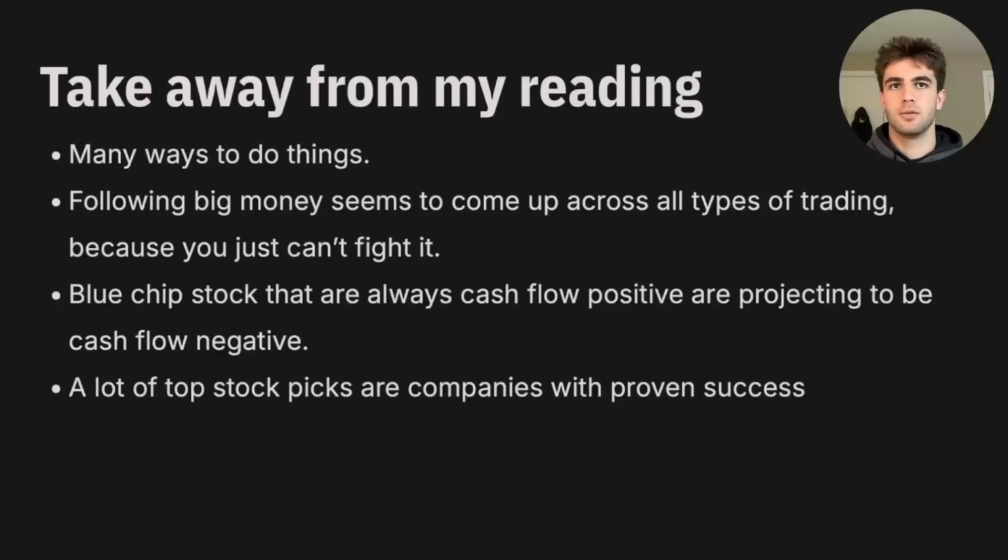It'll pay itself off later. What does this mean for the Magnificent Seven and the top blue chip stocks? Cash flow negative seems bad. Isolated. In this context, it seems good. Is it good? I don't know. I don't know what this means, but it was something that stood out to me.